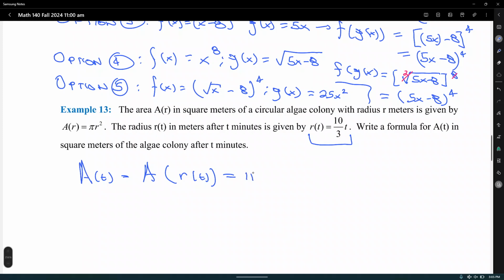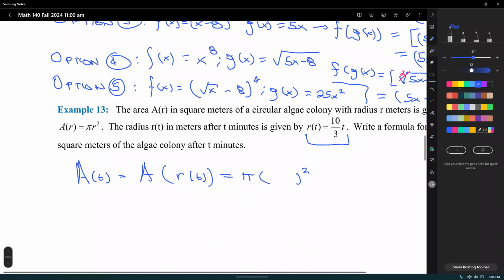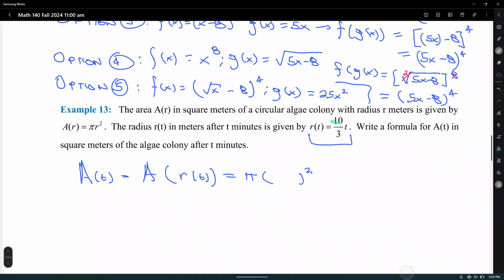Number one, this is the area function, that's pi r squared, pi times something squared. What is that something here? Well, let's highlight the r of t. Let's write it in terms of r of t, and highlight it in accordance with that same color.